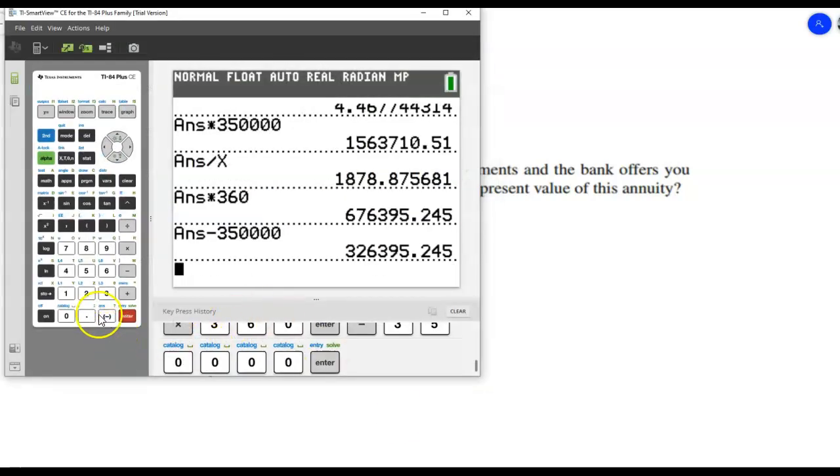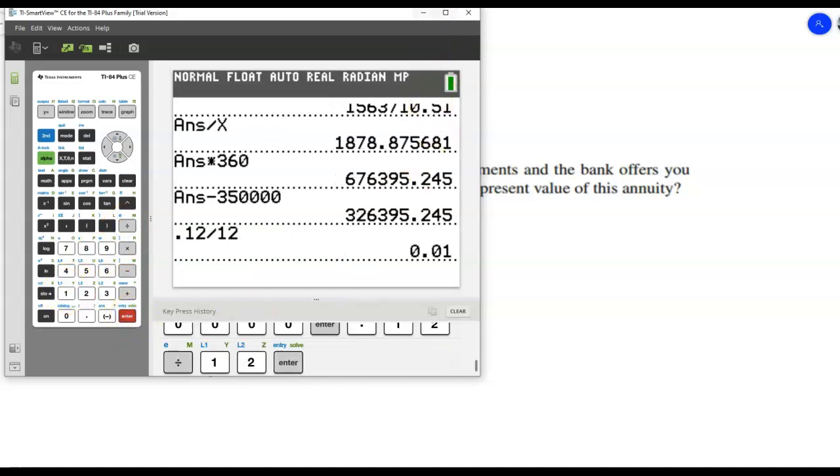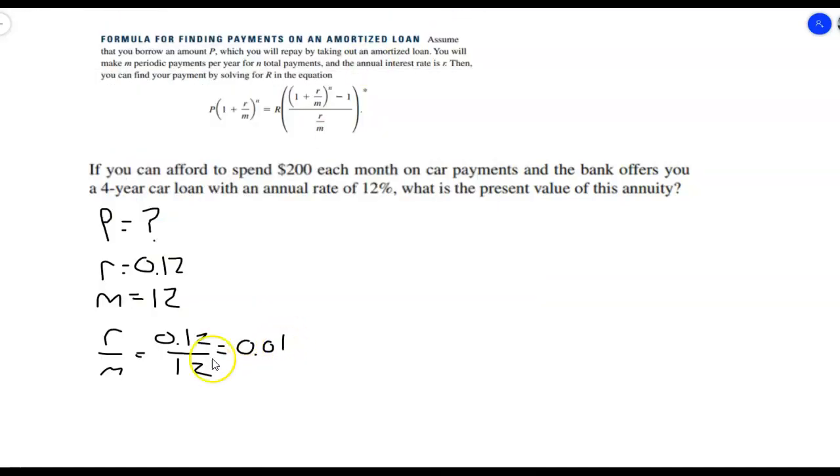Let me see. 0.12 divided by 12 is 0.01. That's right. And then we also have N, which is going to be M times T. So 12 times the number of years, and that's going to be equal to 48. And finally, we have R. Yes, that is our regular monthly payments, which they give us as 200.